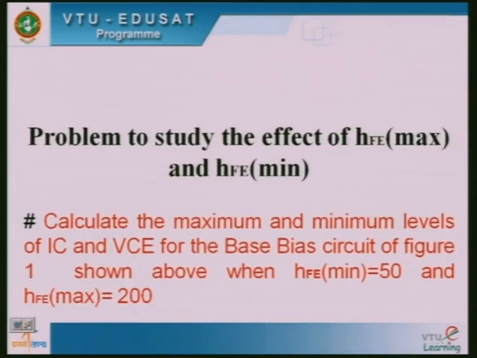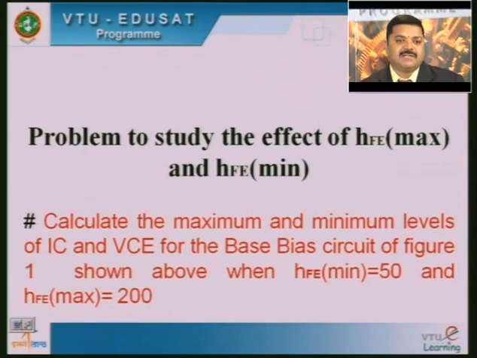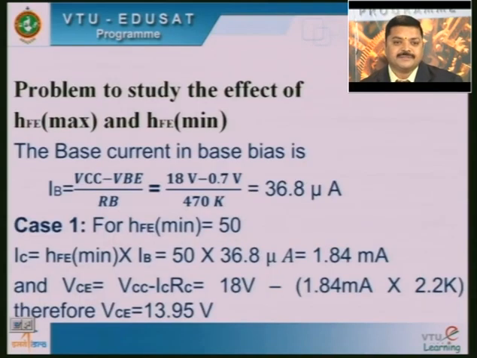Calculate the maximum and minimum levels of IC and VCE for the base bias circuit of figure 1 shown above when HFE min is 50. Now, the HFE min value is 50, that is beta min, and HFE max is 200. The base current in both cases will remain the same, because it is not dependent on beta.